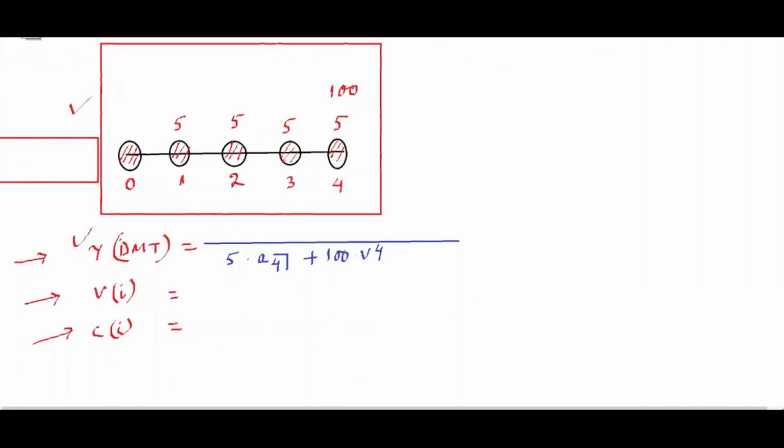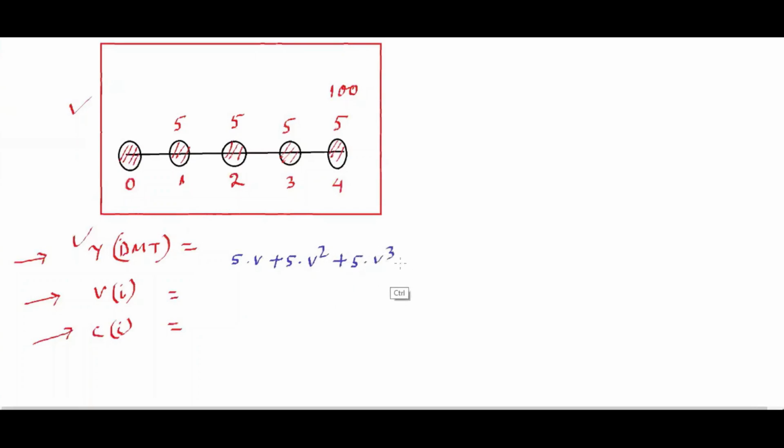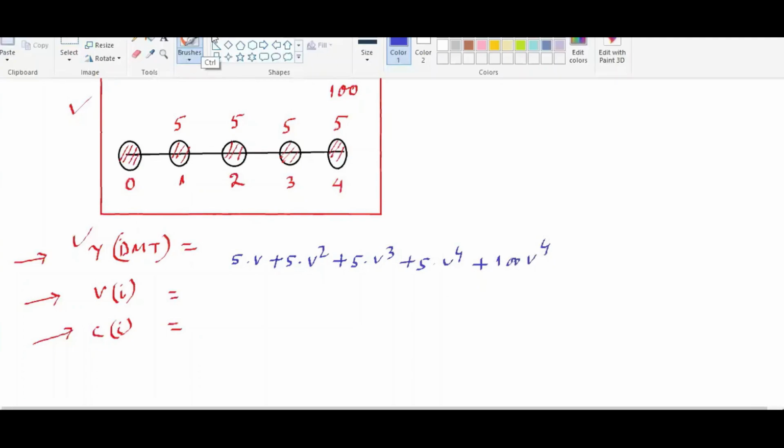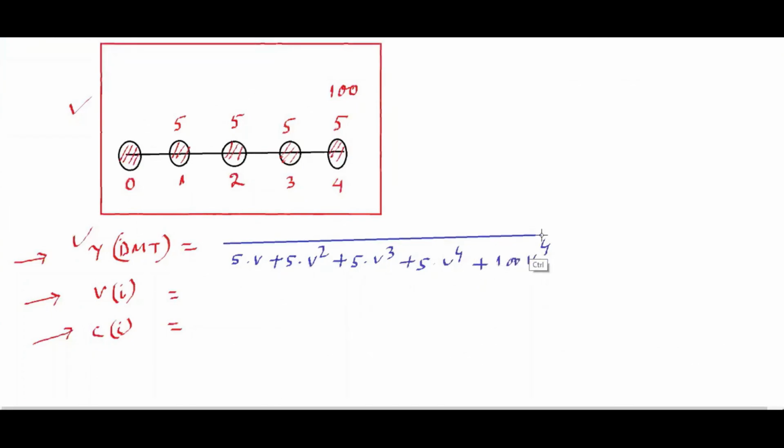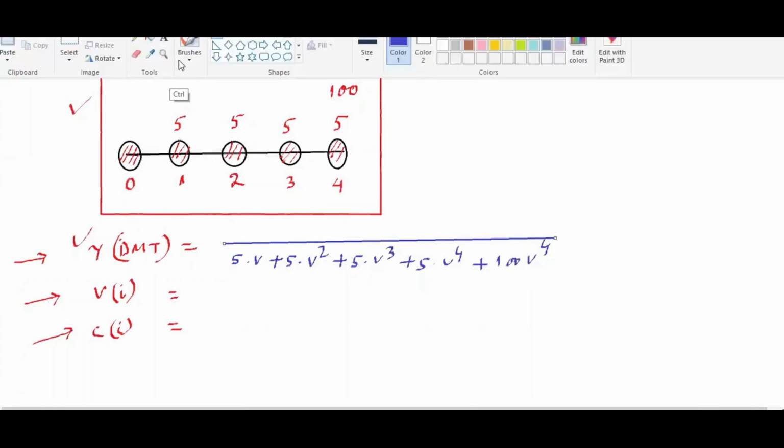Okay. Even if you want to see, let me write everything here. I don't know whether you remember or not. Let me write the present value 5V, 5V power 2, 5V power 3, 5V power 4, then 100 V power 4. Here you can say this is a 5-year problem.